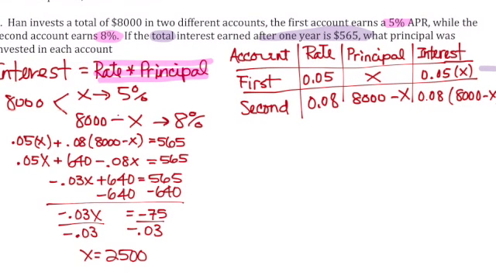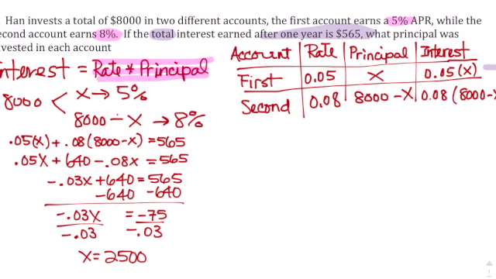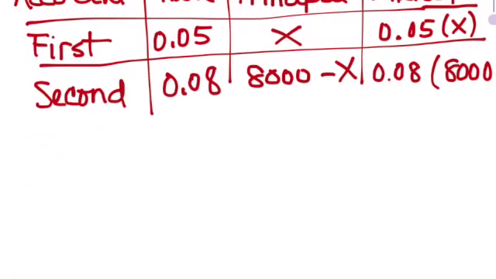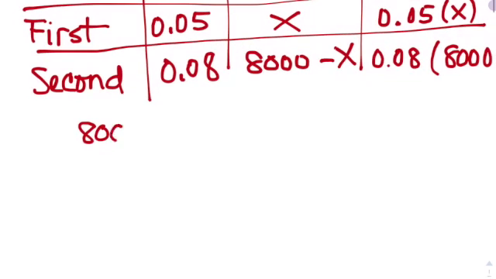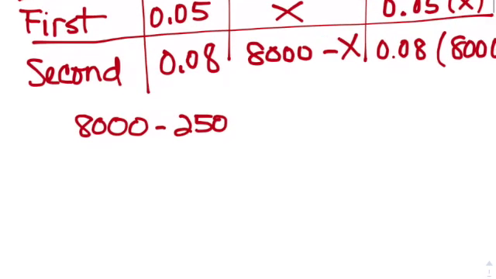So how do you figure out the second account? Well, the second account, it tells you the principal is 8,000 minus x. So I'm going to do 8,000 minus x, which is 2,500, and that's going to give me 5,500.